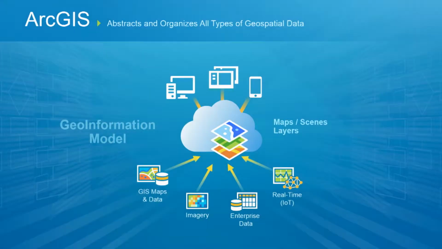Now, there is a little trick behind this web GIS that I want to share with you, and it is called the Geo Information Model. The Geo Information Model abstracts geographic data where it's at, represents it as a layer or a web map, and allows people to work on the layers and web maps without copying, without integrating the information into one big database.